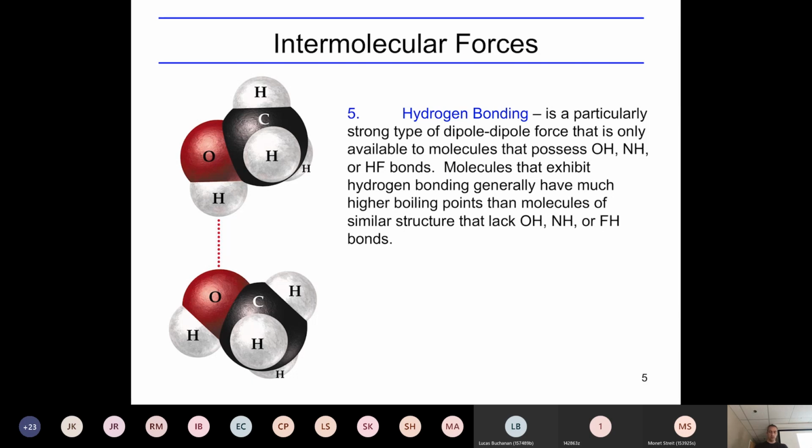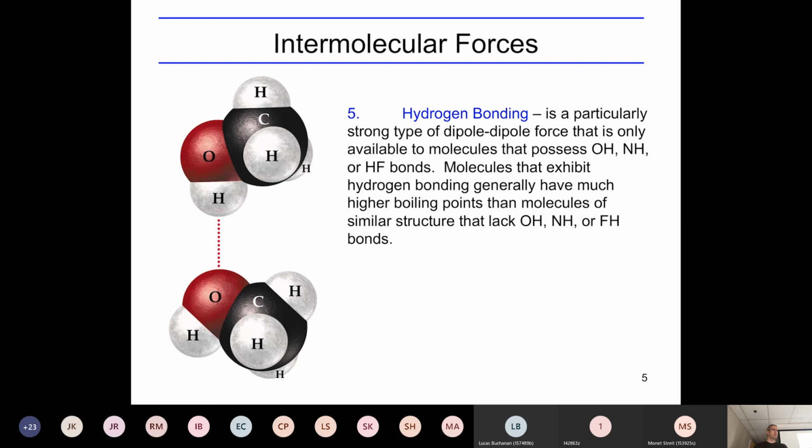And molecules that have hydrogen bonding typically have properties that are different from molecules that don't. Typically they have very high boiling points. Think of ethanol, which has a boiling point of about 79 degrees Celsius, or if you get rid of that OH, it's a very small molecule, might even be a gas at room temperature.